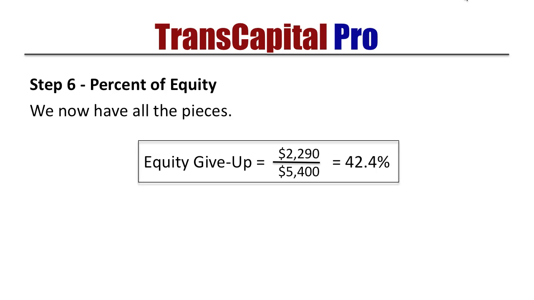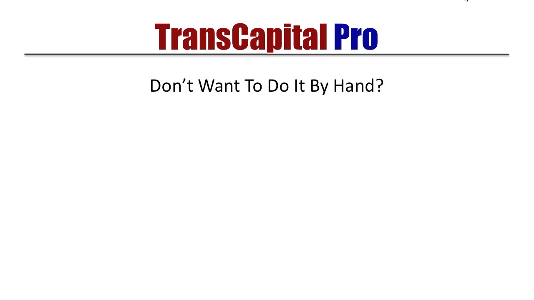And we know that the terminal value of the equity is $5.4 million. So that quotient gets us to 42.4%. So the warrant that you'll need to provide the investors to get them their return is 42.4%.